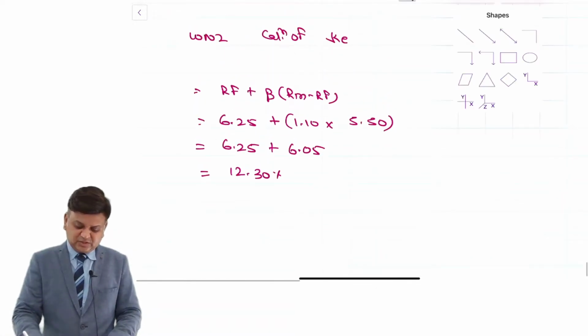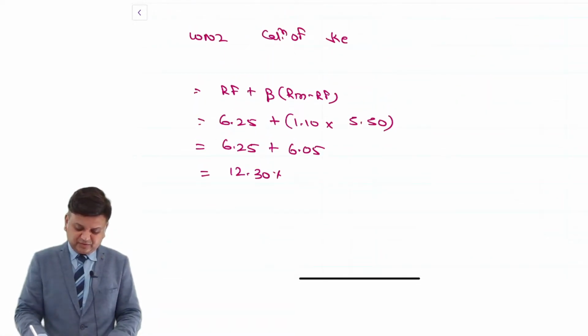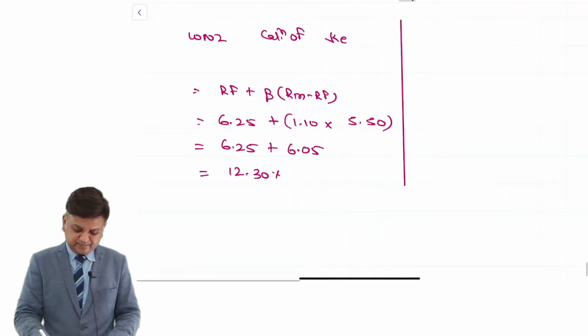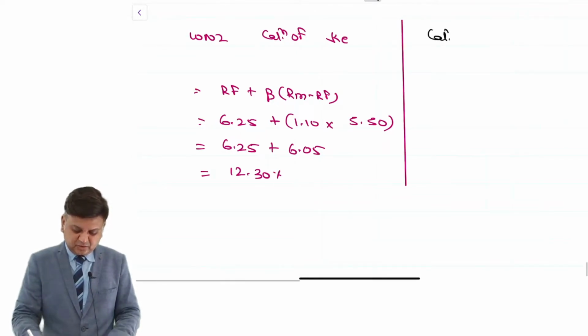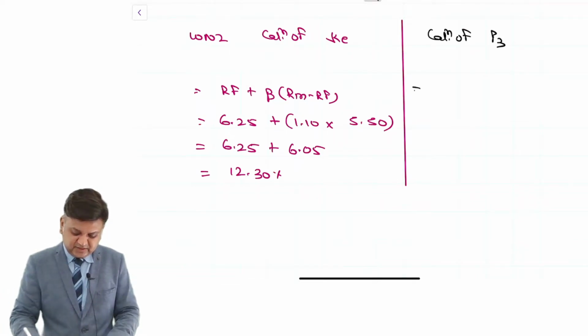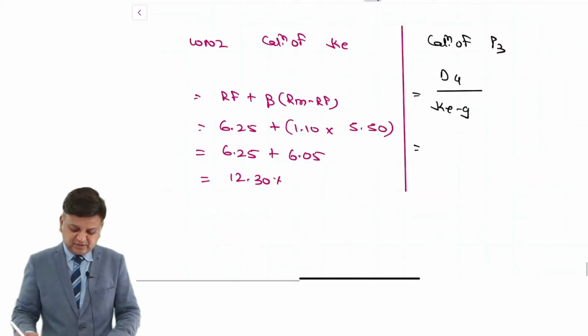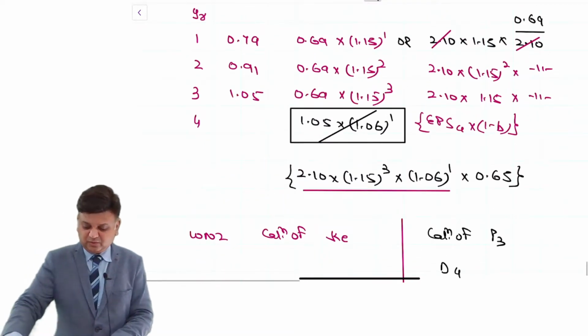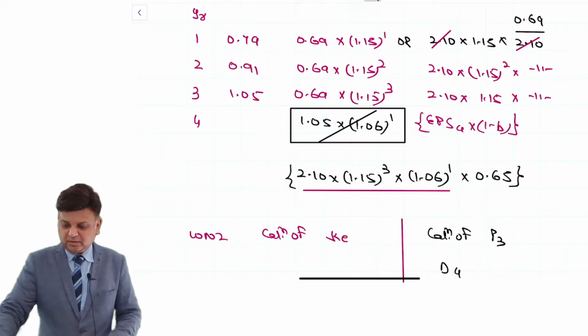Once you compute the cost of equity, afterwards calculation of the P3 is very simple. Calculation of P3. It will be computed as D4 divided by K minus g. What is the fourth year dividend, which is an important working note over here? 2.3 into 1.06 into 2.10 into 0.65.